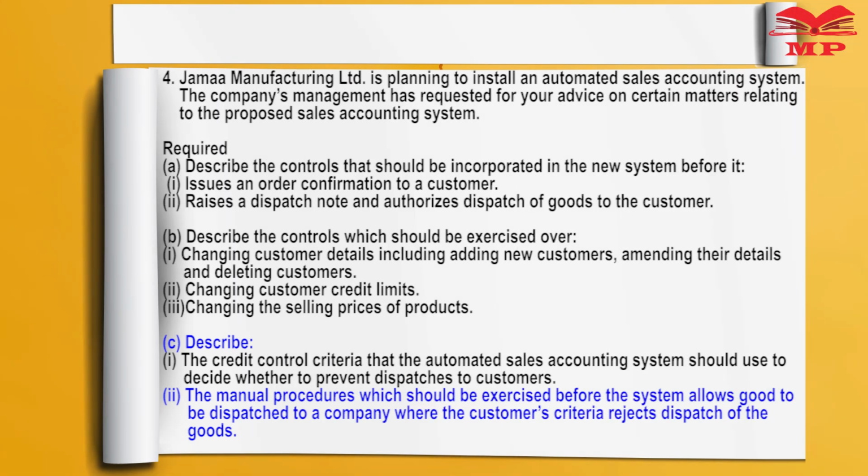Part C, Roman 2, describe the manual procedures which should be exercised before the system allows goods to be dispatched to a company where the computer's criteria rejects dispatch of the goods. I take the question again.